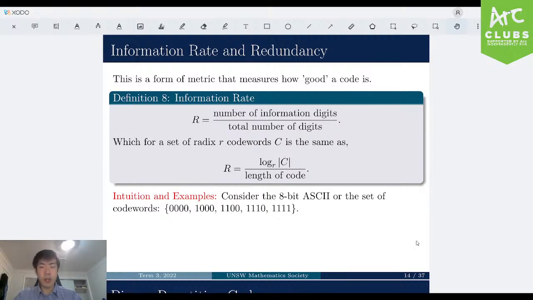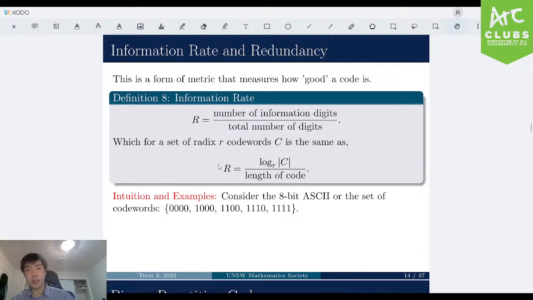This is a metric that measures how good or how efficient a code is. It's denoted by R, and it's defined as the number of information digits over the total number of digits. In particular, for a set of radix r code words, C, it is the same as log base r of the cardinality of C over the length of the code.